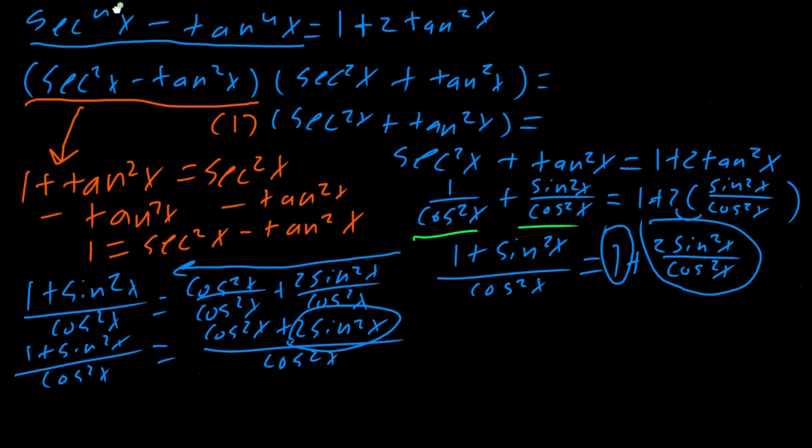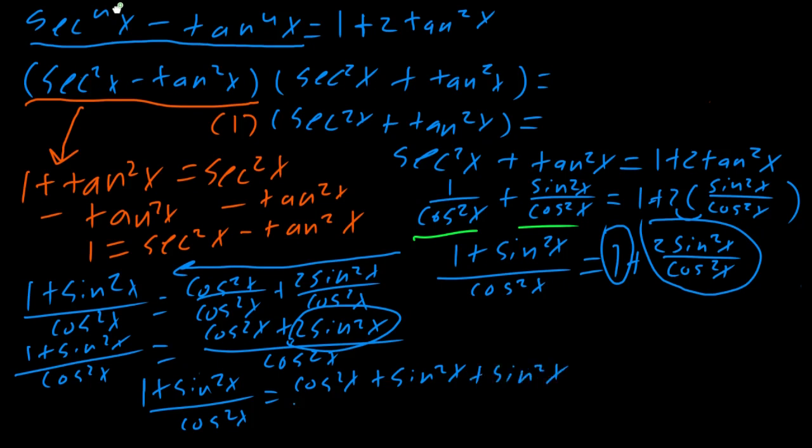We can rewrite 2 sine squared of x as sine squared of x plus sine squared of x, since multiplication is just repeated addition.